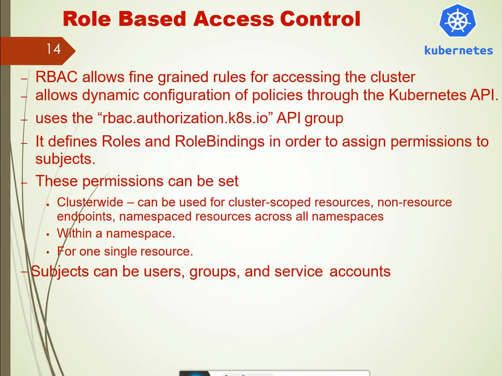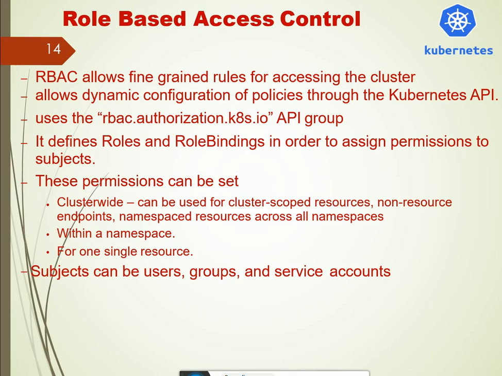The next thing, role-based access control, in short RBAC. RBAC allows fine-grained rules for accessing the cluster, allows dynamic configuration of policies through the Kubernetes API, uses the rbac.authorization.k8s.io API group, defines the roles and role bindings in order to assign the permission to a subject.